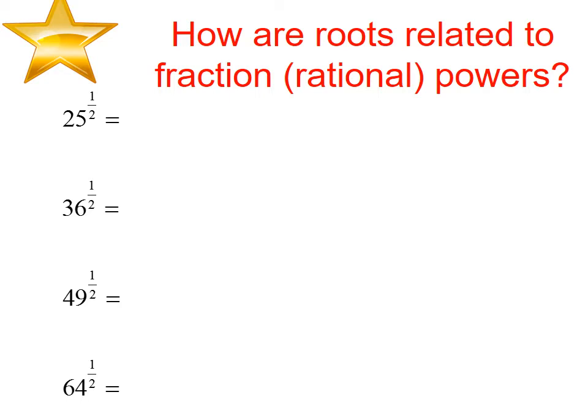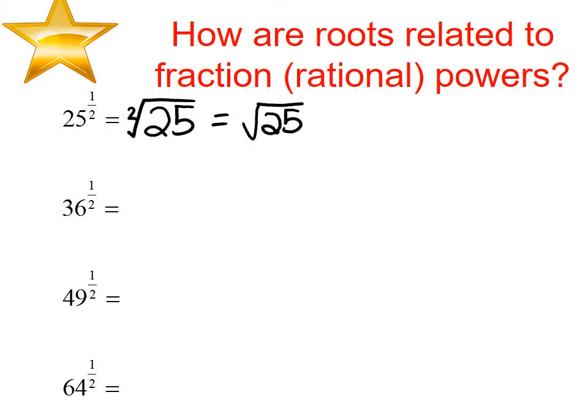Let's explore how roots are related to fraction rational powers. For example, the first one, 25 to the 1/2. To the 1/2 is actually saying 25 to the radical with an index of 2. Now, typically we don't actually write the index number when it's a 2.